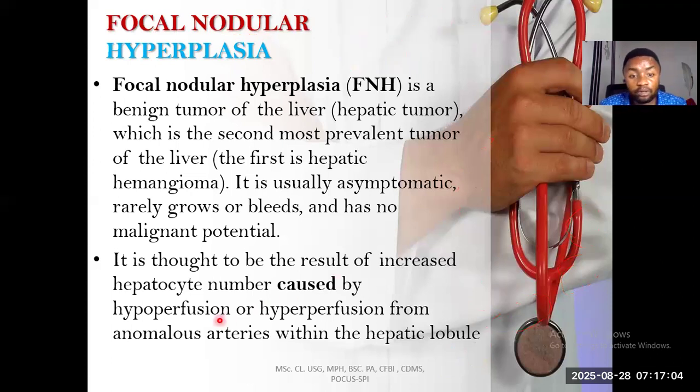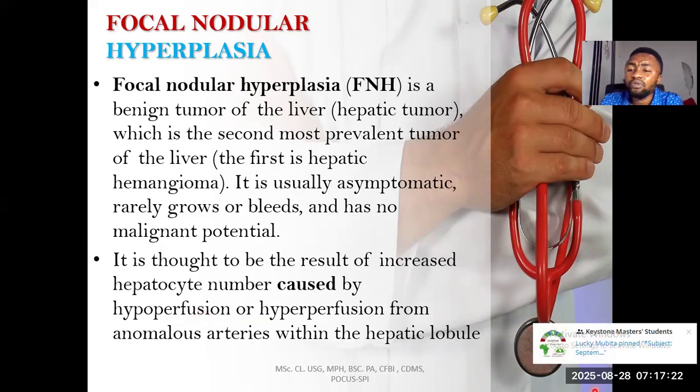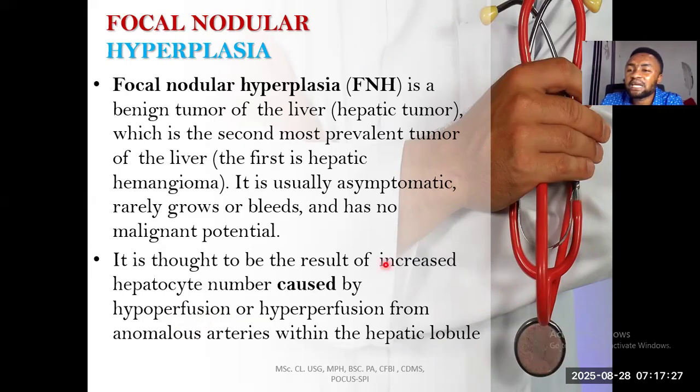So we are saying that it happens when there is hyper or hypoperfusion. Hypoperfusion, there is inadequate blood supply to the structure. Ideally, the structure should shrink, but it will try to adapt to the situation. In its adaptation, it will call upon other things to help it enlarge itself. That will cause it to form the tumor.